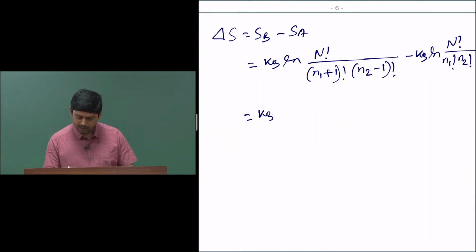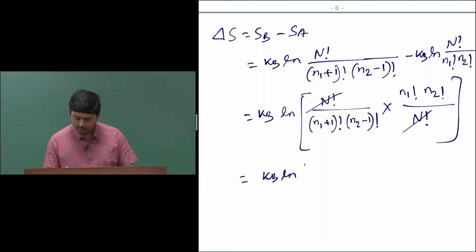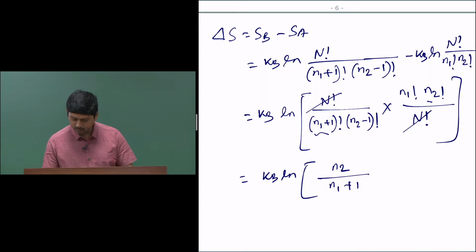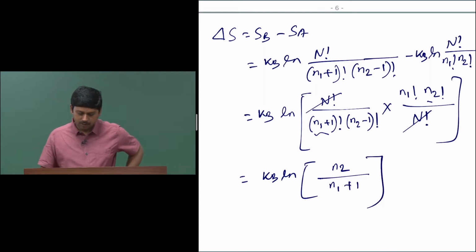So, therefore, taking K B common, ln we can write as n factorial by n 1 plus 1 factorial, n 2 minus 1 factorial multiplied by n 1 factorial, n 2 factorial by n factorial. This cancels each other and we get n 2 in the numerator and n 1 plus 1 in the denominator. So, that will be the entropy change of the system that we get.